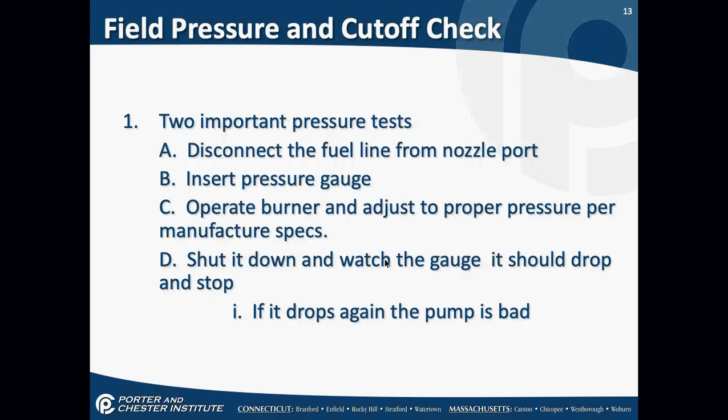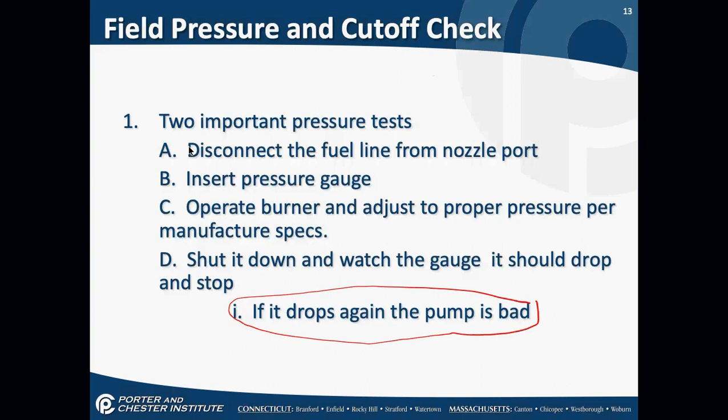It's not going to go down to 0. Drop means it might go from 100 psi to 70 psi. It will never go down to 0. If it continues to drop and goes down to 0, the pump is bad. So again, pressure test. We've put a pressure gauge into the fuel line that normally goes to the nozzle.